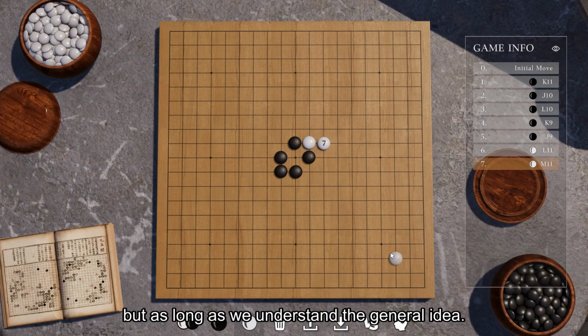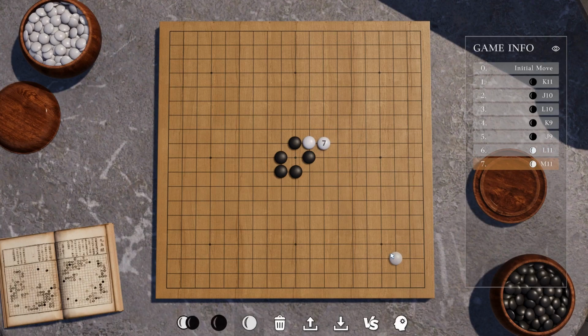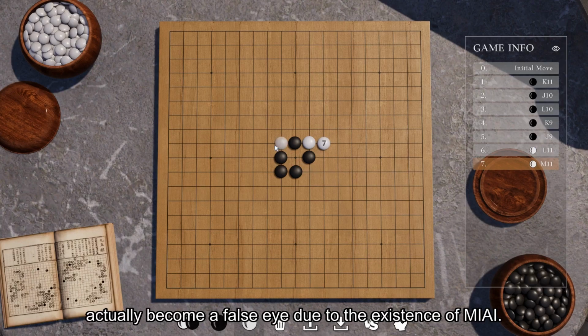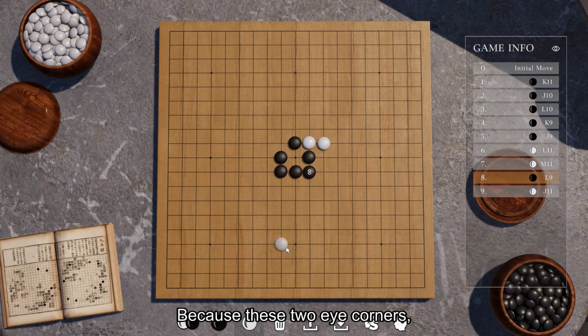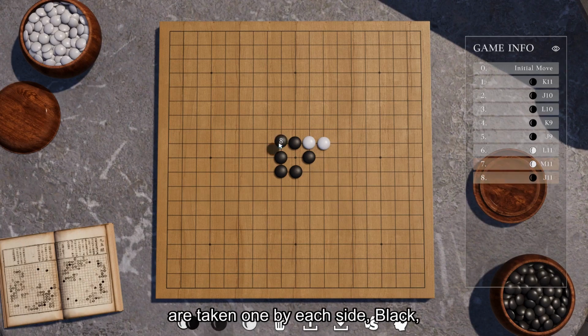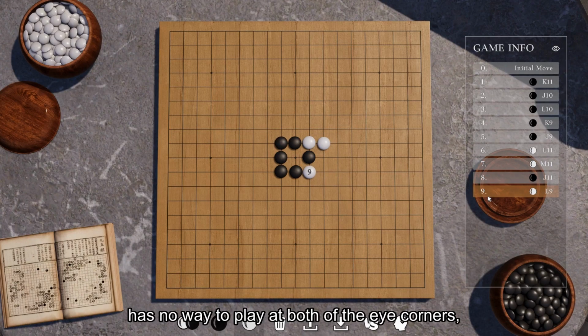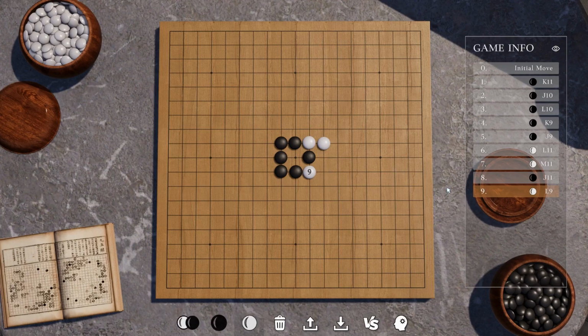But as long as we understand the general idea, it is that these two positions actually become a false eye due to the existence of miai. Because these two eye corners are taken one by each side. Black has no way to play at both of the eye corners. Black can only occupy two eye corners, so it is definitely a false eye. This is the meaning of miai.